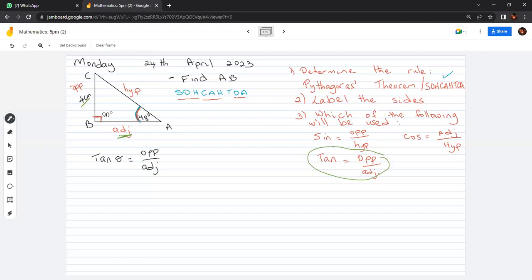So they gave us the angle as tan of 48 degrees is equal to opposite. Your opposite is 4 centimeters divided by the adjacent. And the adjacent is what I'm trying to find, so it's going to be x.